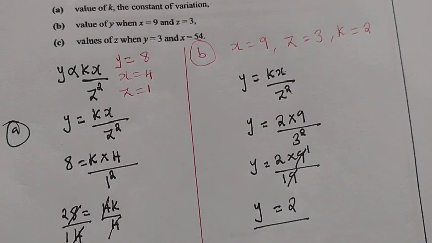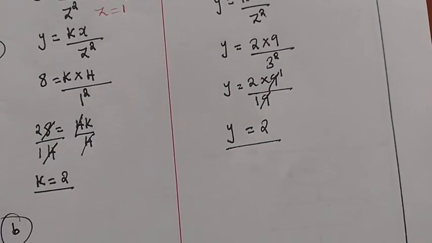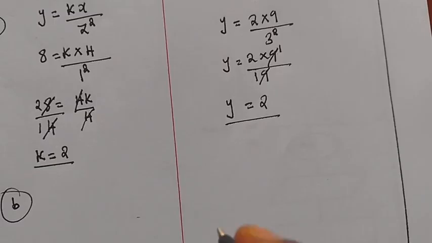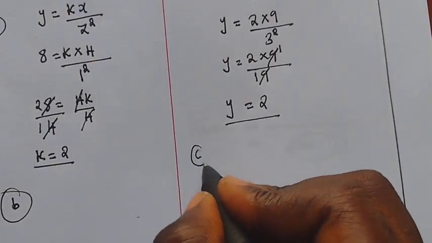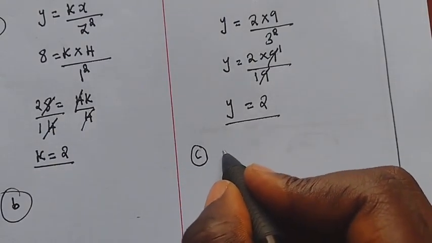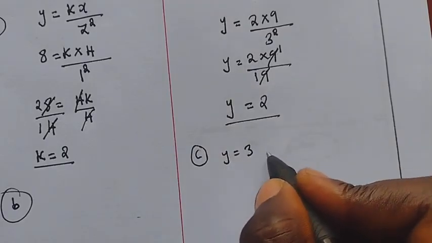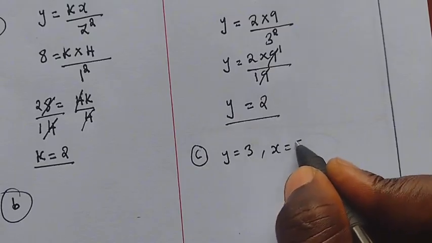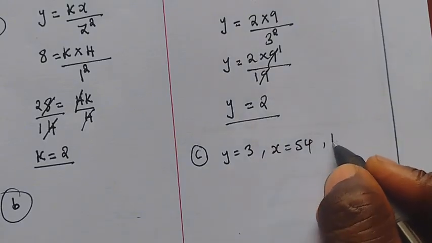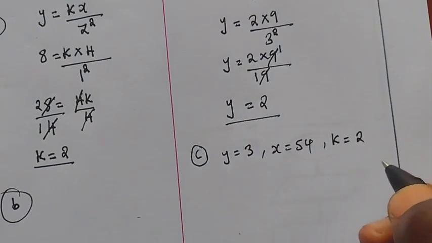So let me do this. You see clearly. So we are answering C. Find the values of z. They have said the values of z when y is equal to 3 and x is equal to 54. Then don't forget the constant of variation, which is equal to 2.